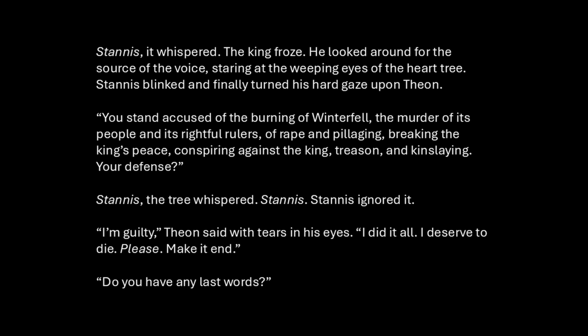"Stannis," the tree whispered. "Stannis." Stannis ignored it. "I'm guilty," Theon said with tears in his eyes. "I did it all. I deserve to die. Please, make it end." "Do you have any last words?" "Live." The wind sighed through the branches, and for a moment the only sounds were the faint crackle of the brazier and the rhythm of the crowd's breath.